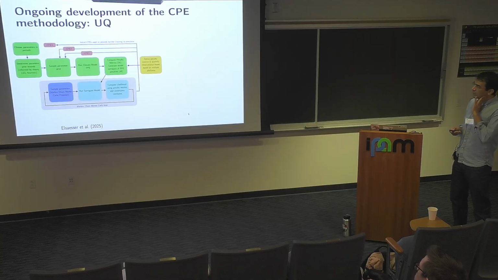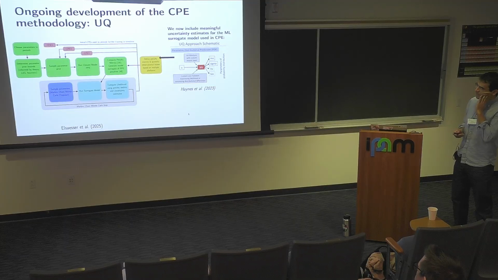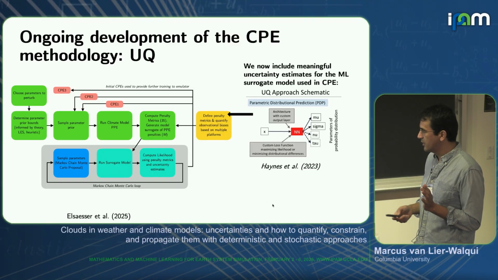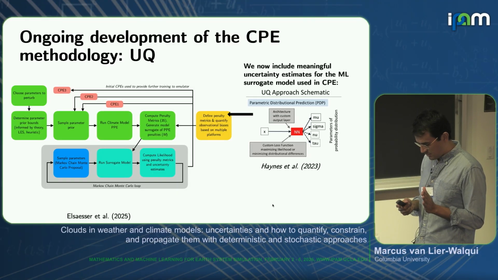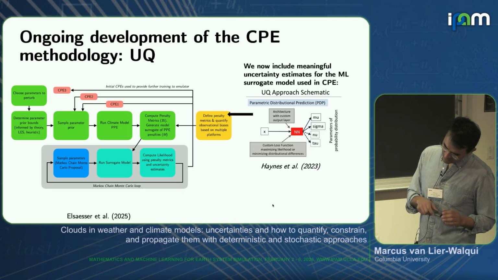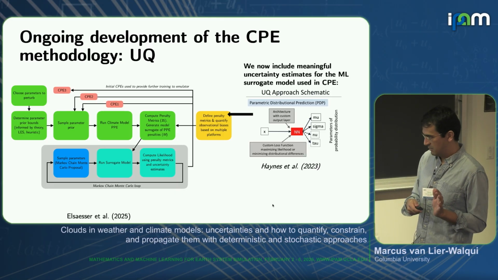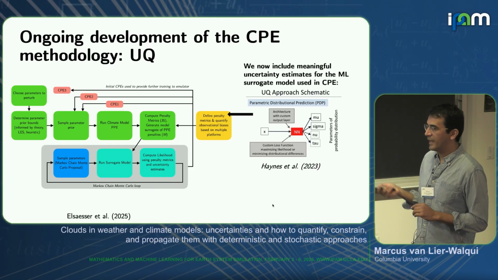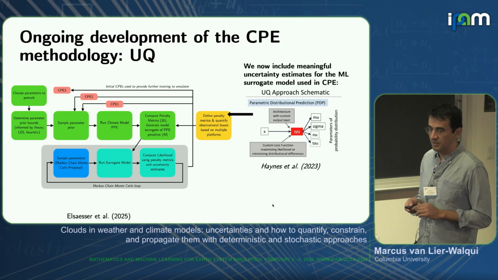Okay, so on the ongoing development of this methodology, we've now also started to include meaningful uncertainty estimates for the machine learning surrogate model. As other people have mentioned, we include the emulator error in the training, so it learns the emulator error, and that is then included in the MCMC as well.